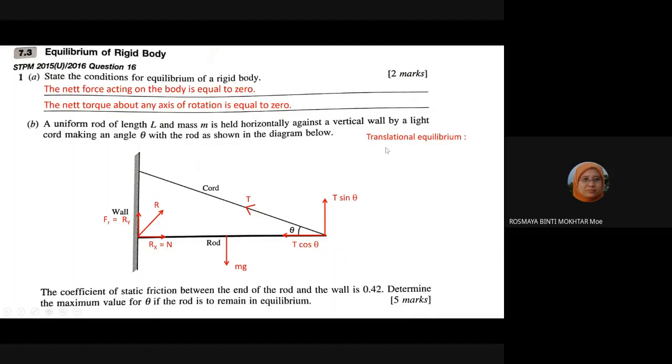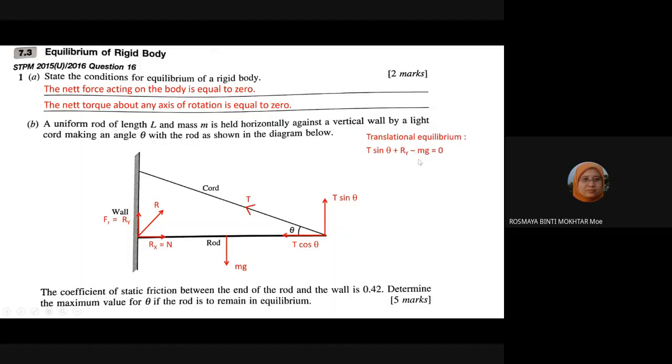For translational equilibrium, the upward force equals the downward force and the left force equals the right force. Or we can use direction positive for the sign, where positive and negative sum to 0. For T sine theta, upward is positive, Ry is upward, also positive, and mg is downward, so it is negative.